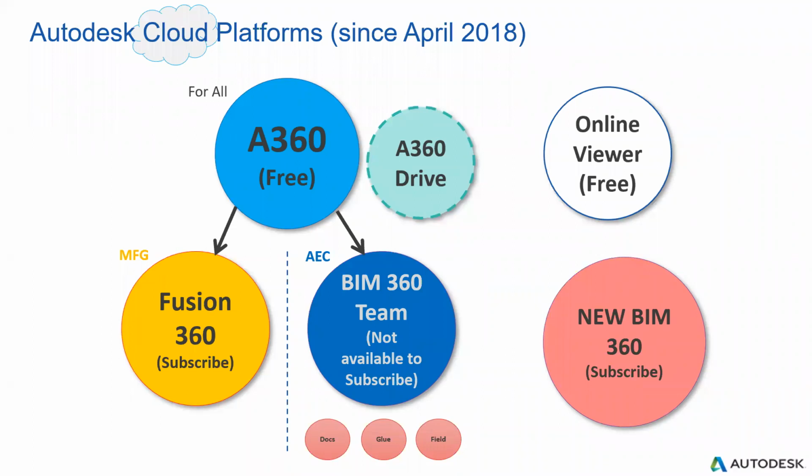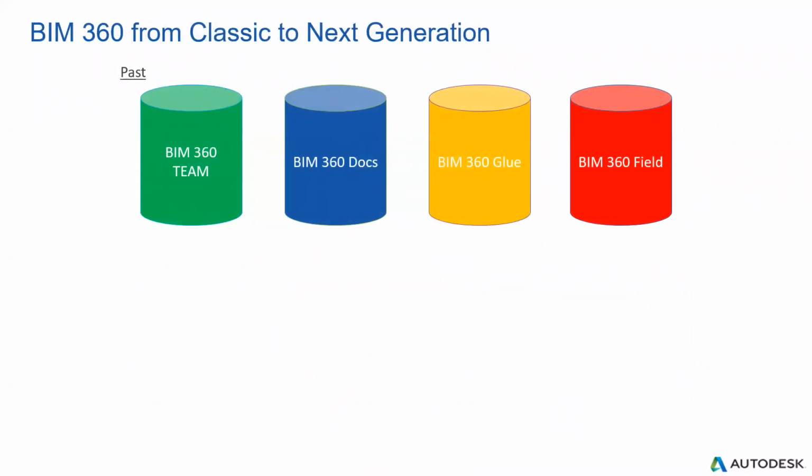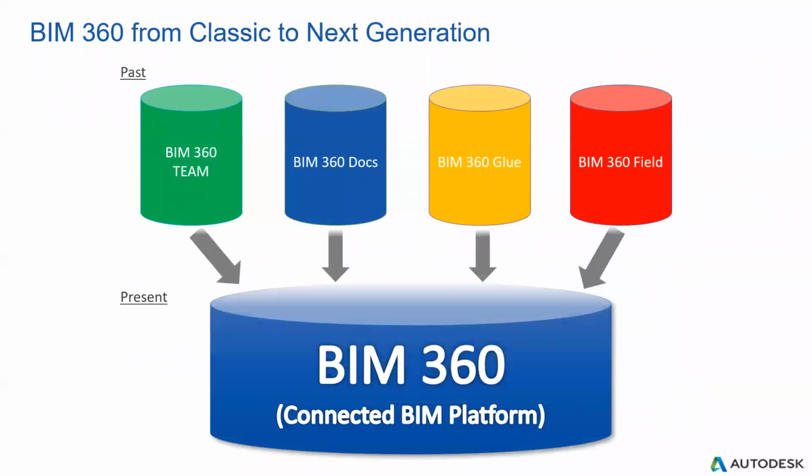And Fusion 360, the yellow bubble on your left-hand side, is for manufacturing. AEC is for architecture, engineering, and construction. So we have combined all these items into the new platform since April 2018. Okay, this is a picture to explain more clearly.